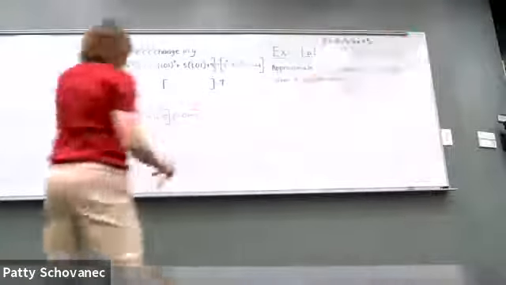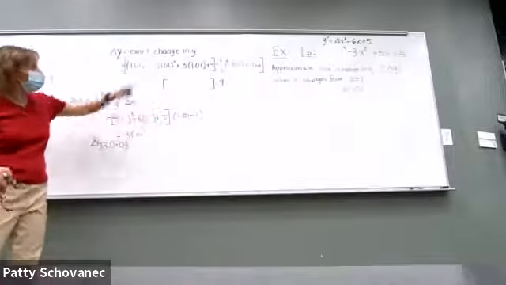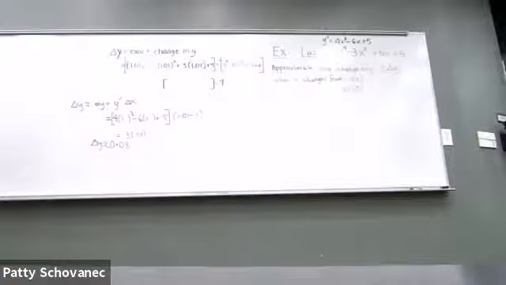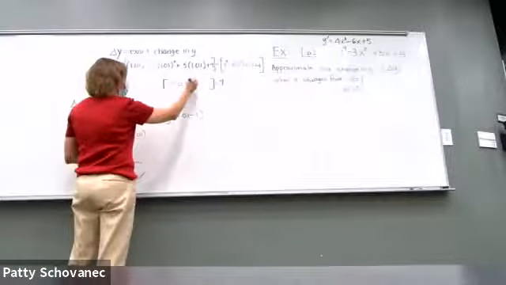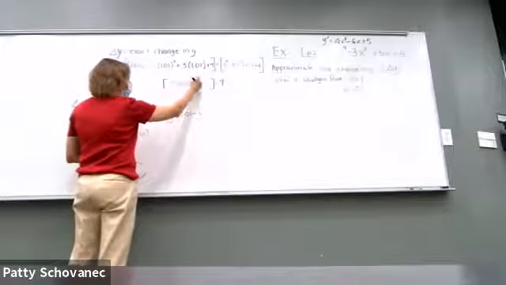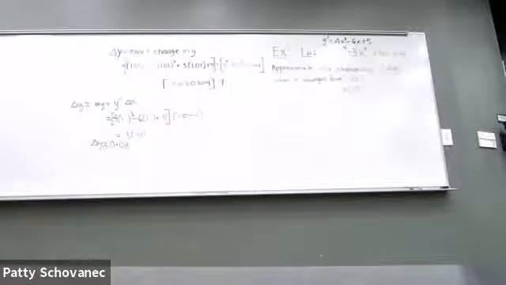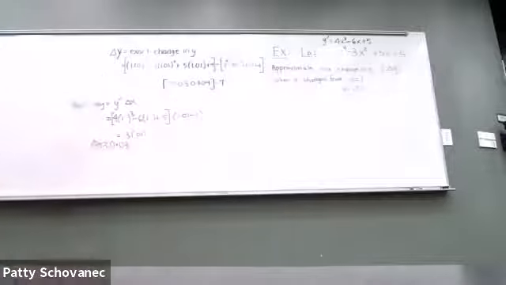I'm plugging 1 into the derivative. 4 minus 6 is negative 2 plus 5. Give me some extra numbers. 0, 3, 0, 4, 0. All right, close enough. But look, after you subtract the 7, that's not a bad little approximation, isn't it? On a calculator, we've got 2 decimal places accuracy to the exact change in y.